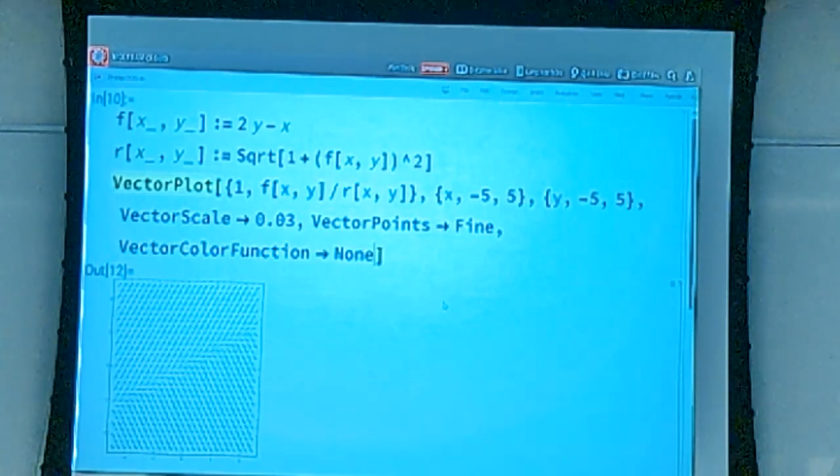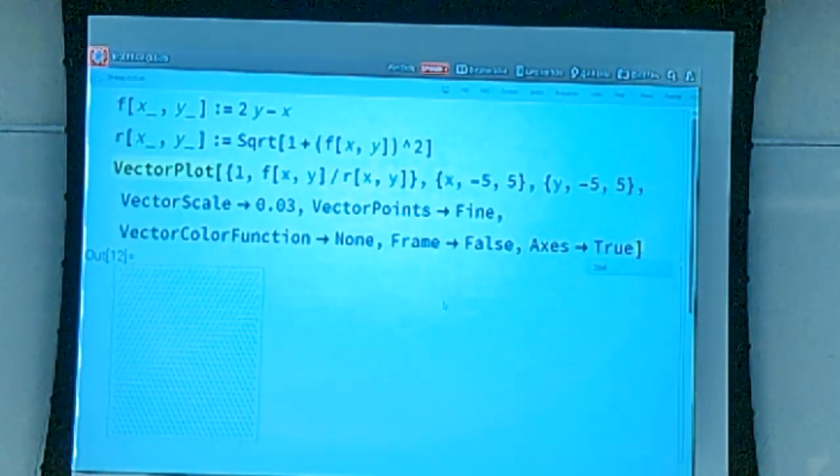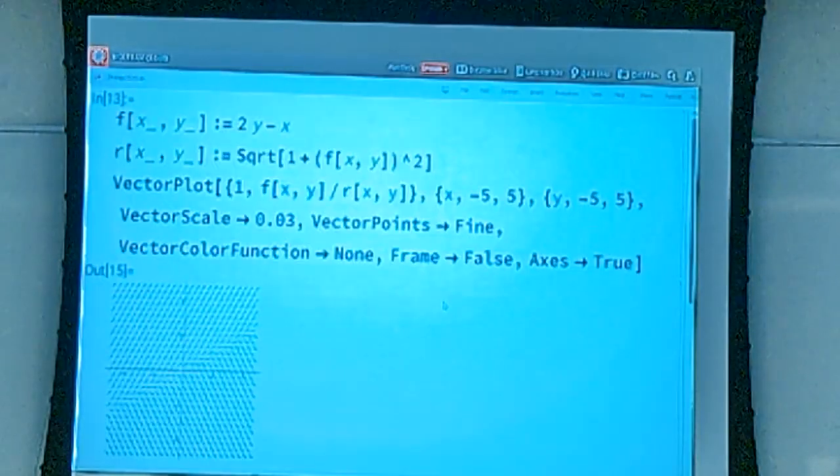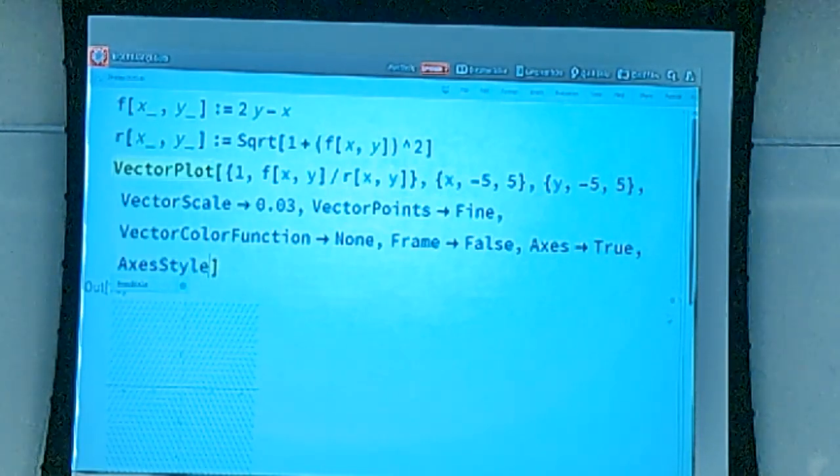But I don't like that it's framed. I'm going to turn the frame off, but I'm also going to have to, at the same time, turn the axes on. I just personally prefer that. And if you wanted to, you can also label the axes and change the style.